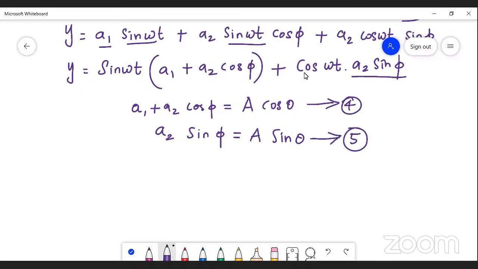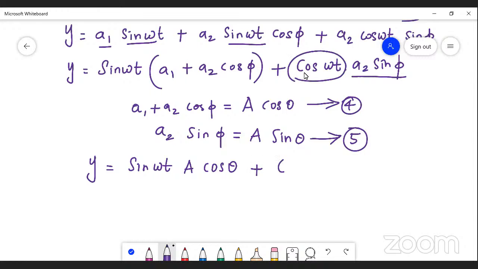Substitute 4 and 5 in this. What is the total displacement? Y is equal to sin omega t times (a1 plus a2 cos pi, which is A cos theta), plus cos omega t times (a2 sin pi, which is A sin theta).